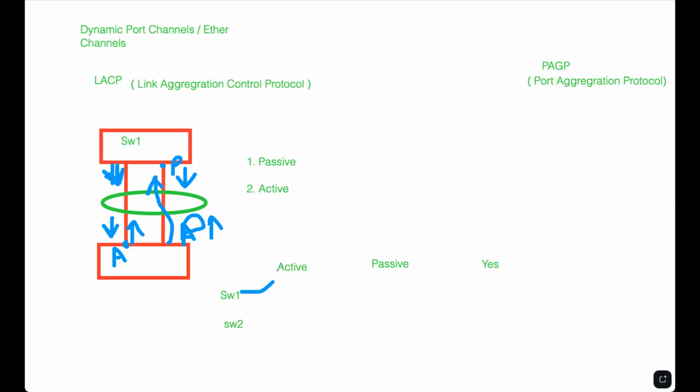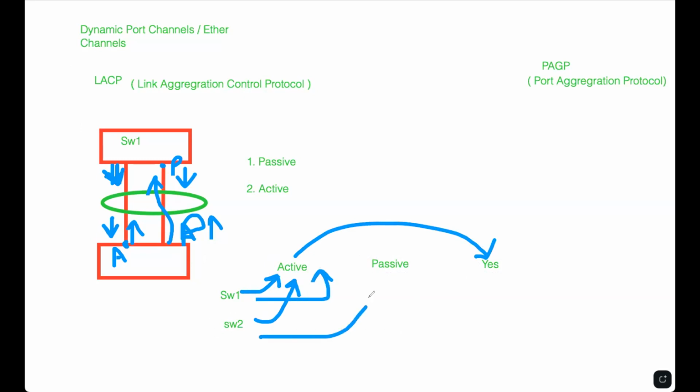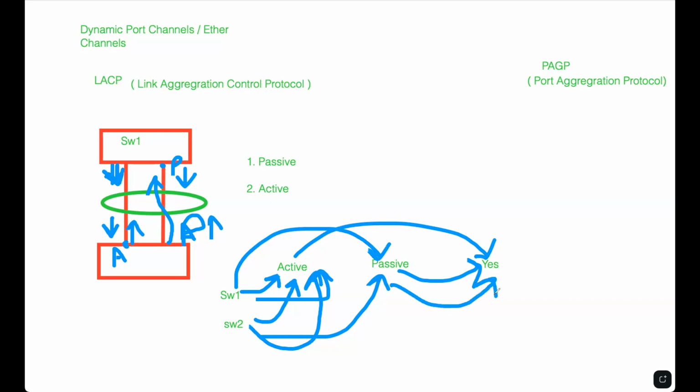If switch 1 is active, if switch 2 is active, the port channel will be forming. If switch 1 is active, if switch 2 is passive, then the port channel will form. Sorry, if switch 2 is active, if switch 1 is passive, the port channel will form.